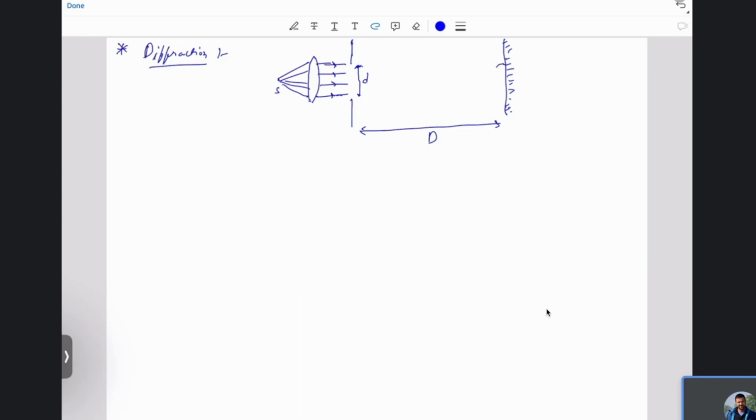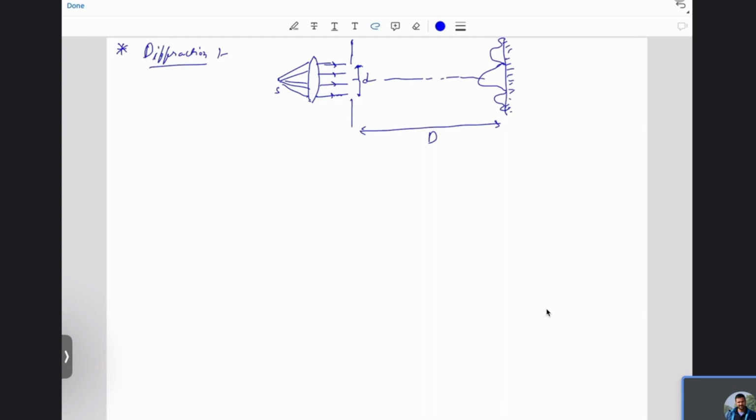So I'll draw the intensity pattern. It will be like this at the center. Then it will fall like this. So this is the famous diffraction pattern.